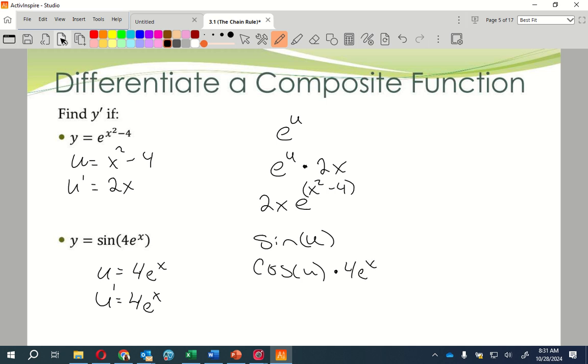Okay, and then sub it back. So I'm going to bring it out front. So 4 e to the x times cosine of 4 e to the x.